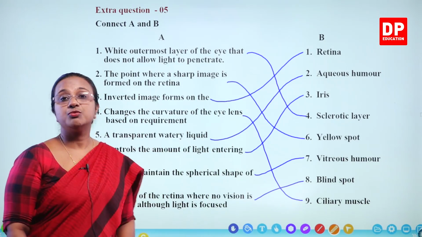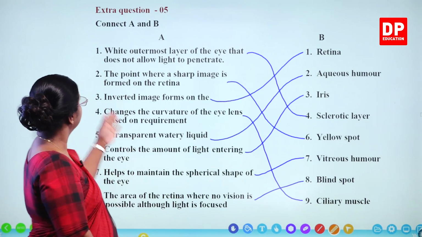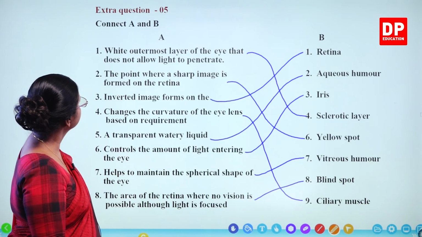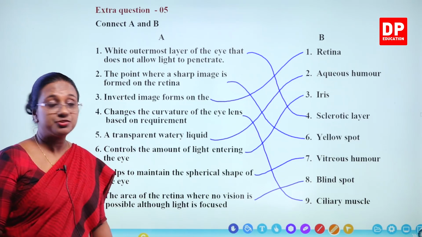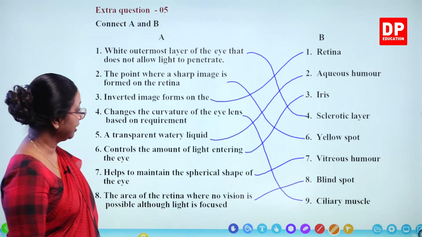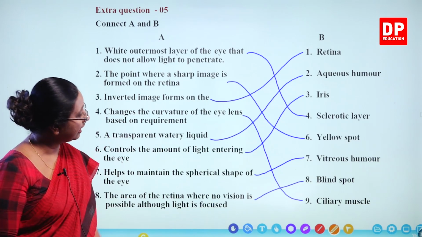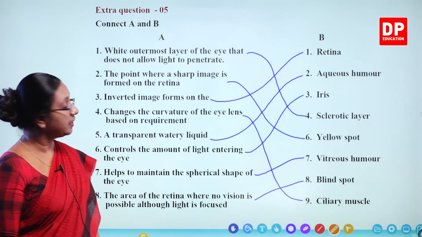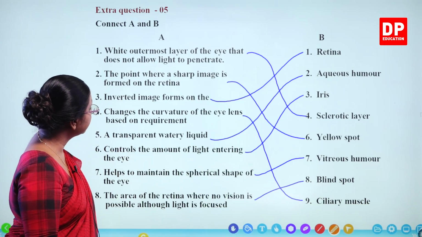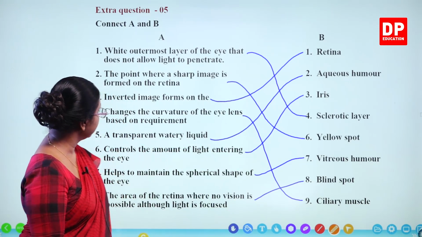So, I am sure you were also able to mark them, connect them correctly. Is this clear, students? White outermost layer of the eye that does not allow light to penetrate, that is the sclerotic layer. The point where a sharp image is formed on the retina, that is the yellow spot. Inverted image forms on the retina, changes the curvature of the eye lens based on the requirement, that is the ciliary muscle.